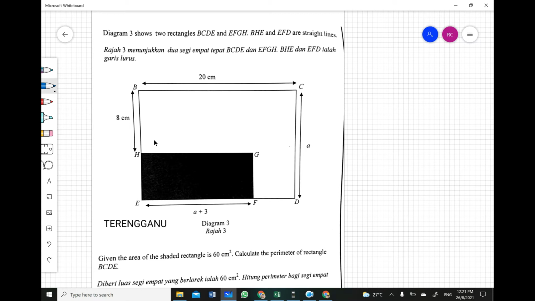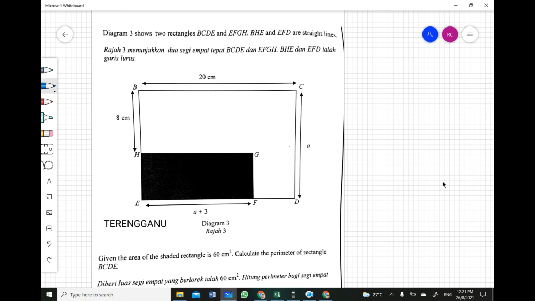BHE and EFD are straight lines. Given the area of the shaded rectangle is 60 square centimeters, calculate the perimeter of rectangle BCDE. You need to find the perimeter of the bigger rectangle here.